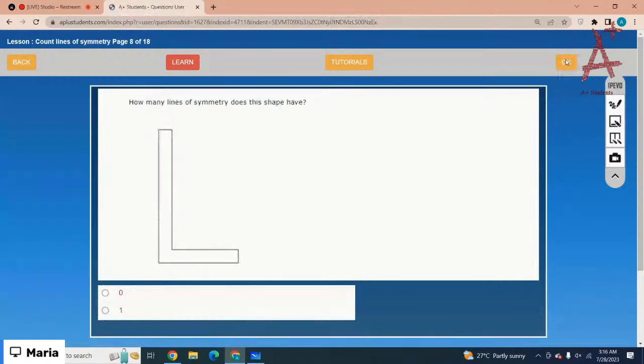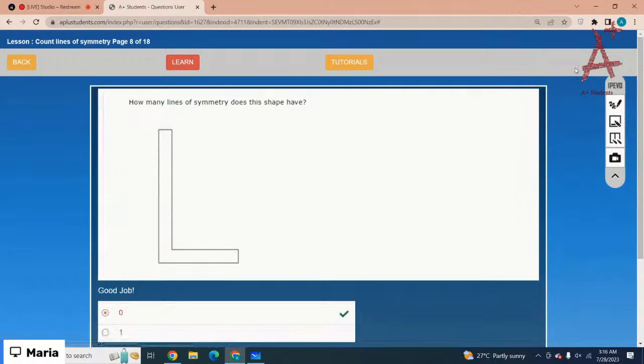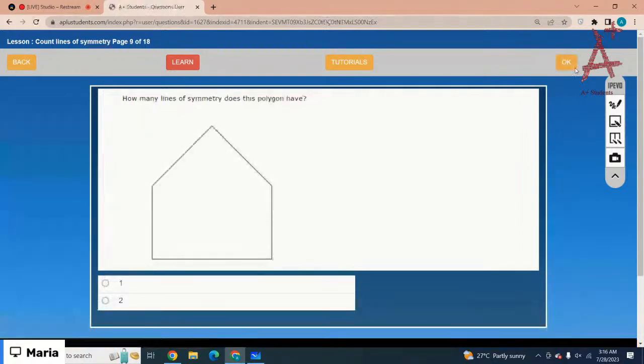The correct option is 0. How many lines of symmetry does this polygon have?